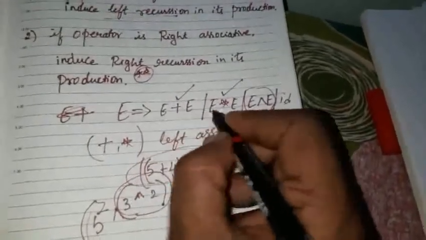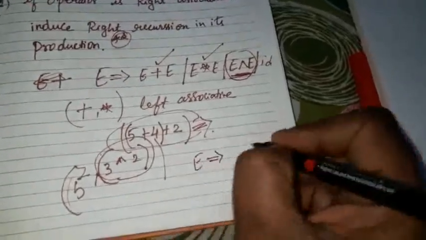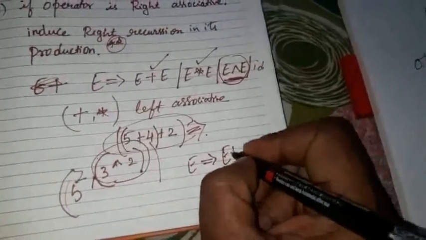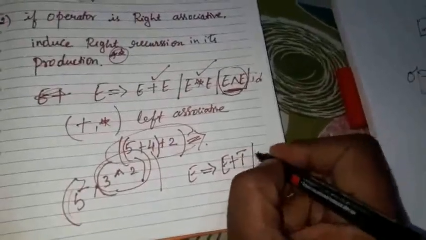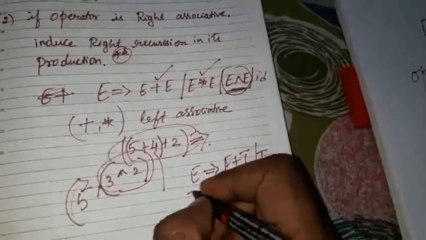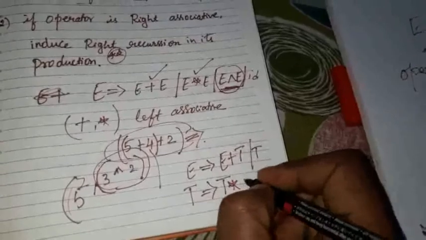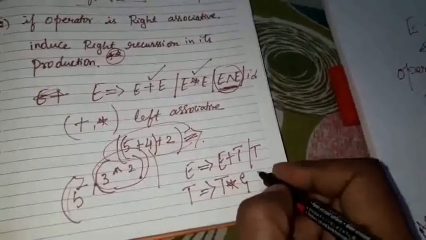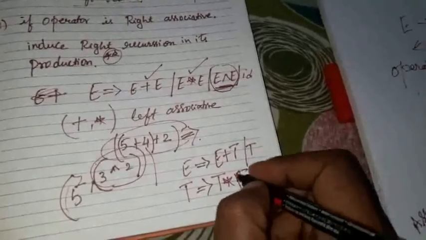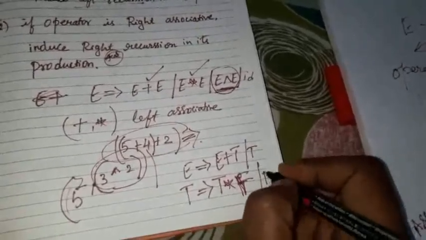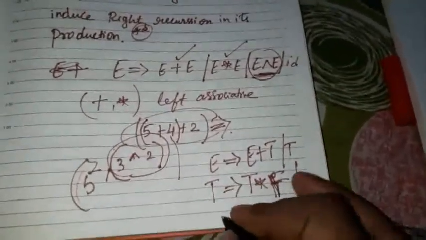These two are left associative, no? This can be written as, see, E tends to E plus T, growth can be on the left side now, bar T. T tends to T star F, bar F. So what was F?